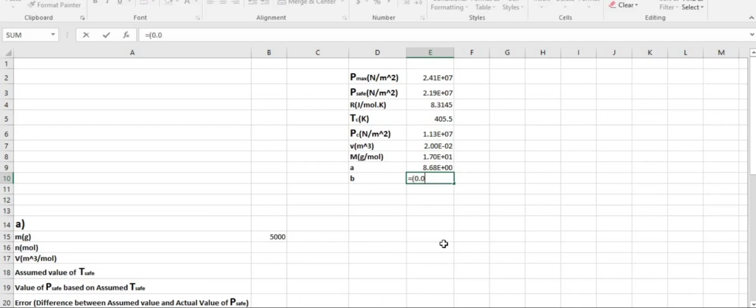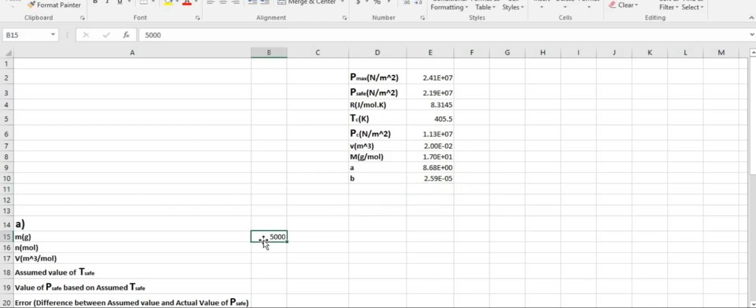That's 0.0867 multiplied by R multiplied by TC. You close your bracket and divide by the value of PC. Press enter. So now we have the value of A and B.